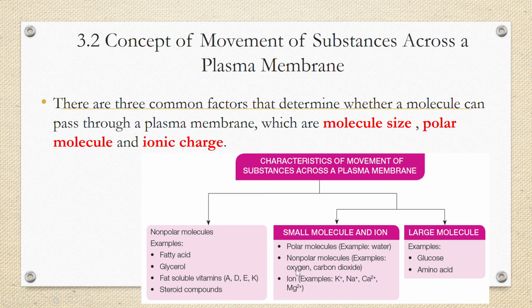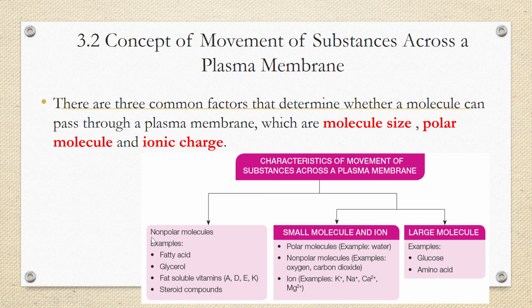Non-polar molecules, such as oxygen and carbon dioxide, because they are small, can just pass through the phospholipid bilayer. How about if they are large, such as glucose and also amino acids? They cannot just diffuse across the phospholipid bilayer. They have to be aided by the carrier protein.